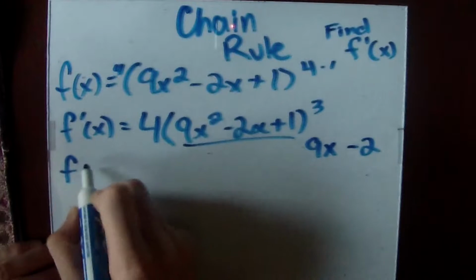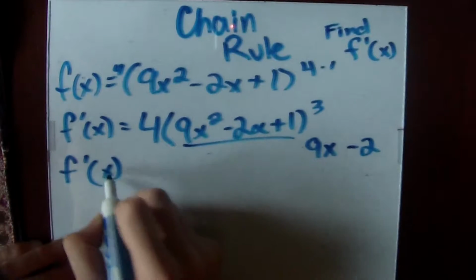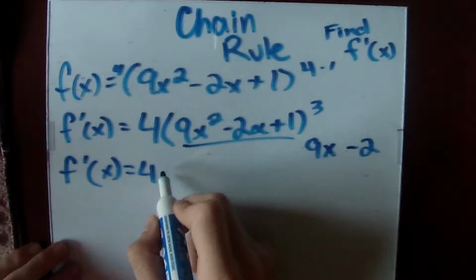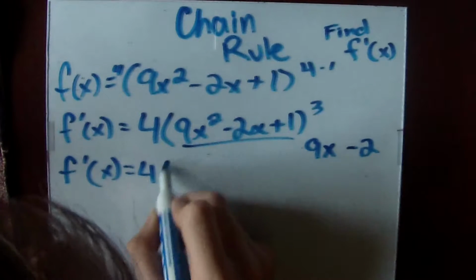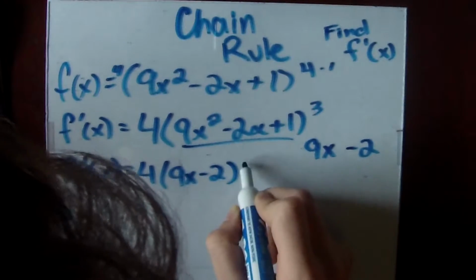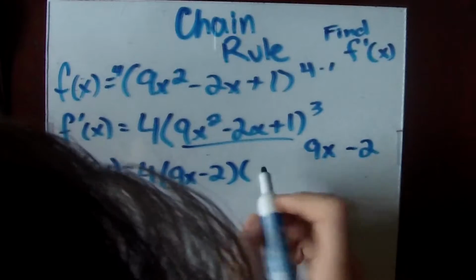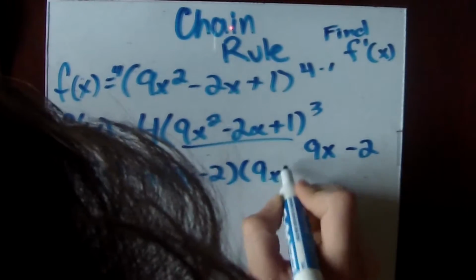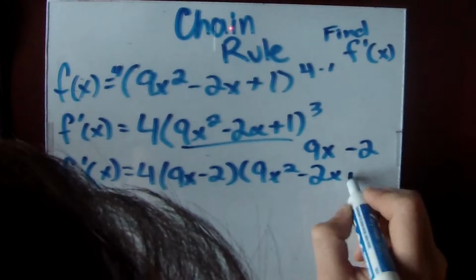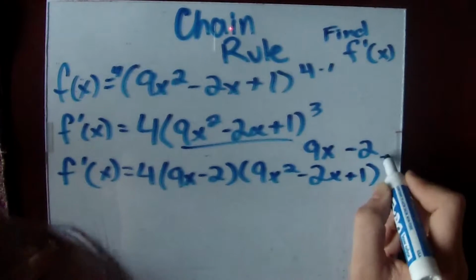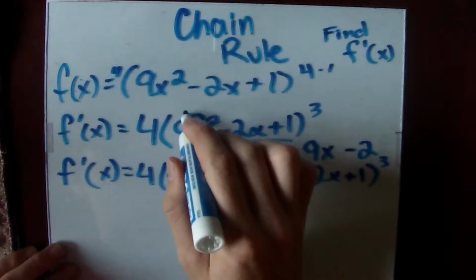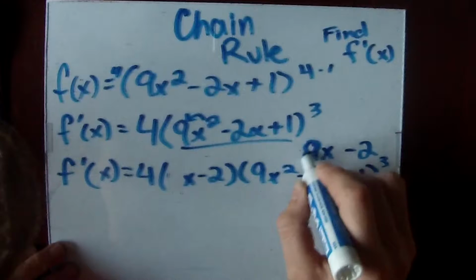So now it's going to be f prime of x equals 4 times 9x minus 2 times, and then you have to rewrite the inner function, which is 9x squared minus 2x plus 1 to the 3rd power. And I actually messed up. You have to multiply this when taking the derivative, so this is 18x.